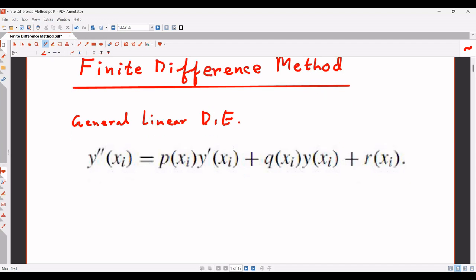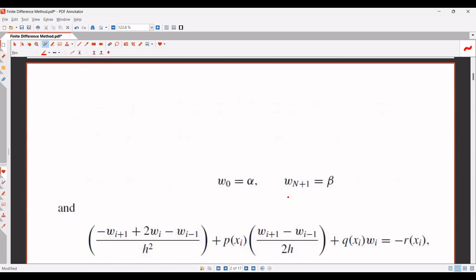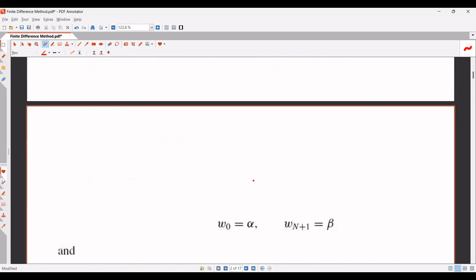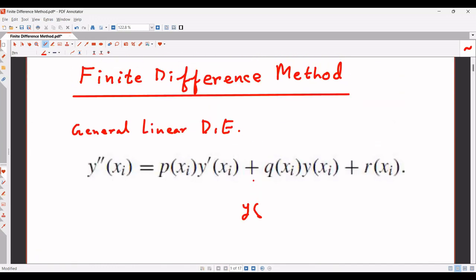So this is a differential equation so far, but if you are given two boundary conditions, for example, y at a is alpha, y at b is beta, then it becomes a boundary value problem.